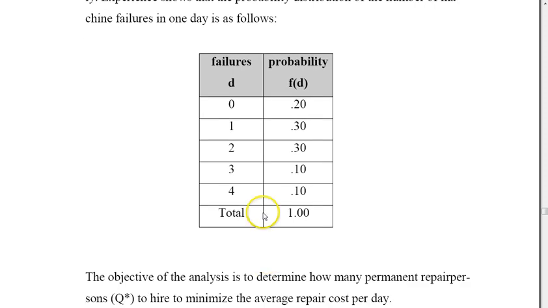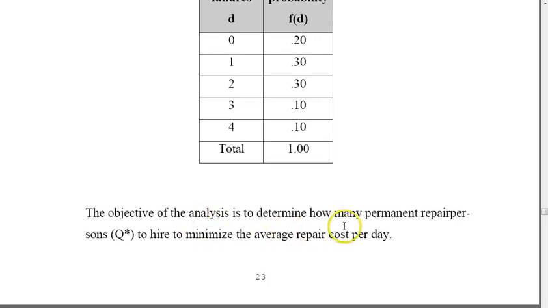That gives us probabilities that add up to 1. The objective is to determine how many permanent repair person hires we should have to minimize the average repair cost per day.